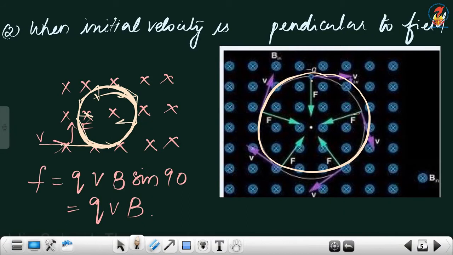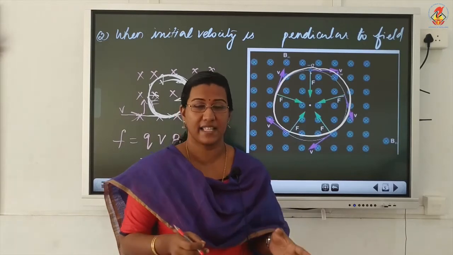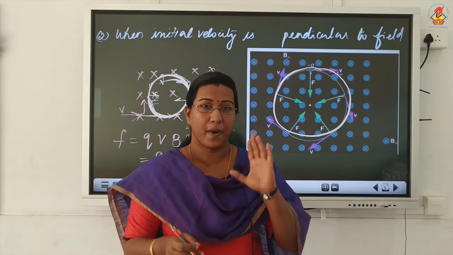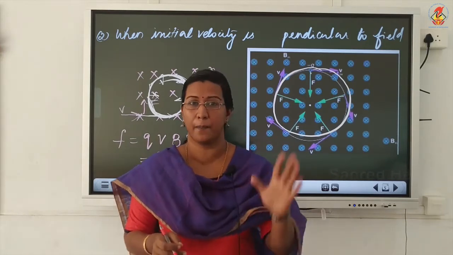Now, you know that if the force is acting towards the center of a circle, it is a centripetal force, which means our magnetic field is providing a centripetal force to the particle, and the particle will move in a circular path.